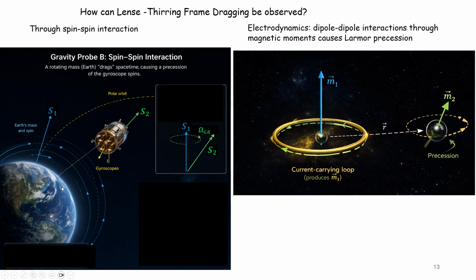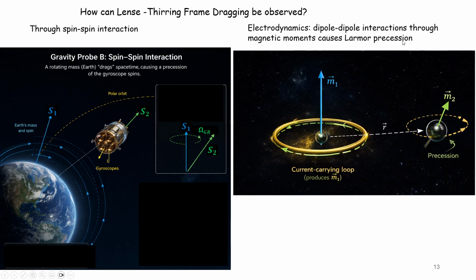So that is equivalent to the Earth, the spinning Earth. And then we have another magnetic moment, which could be a spinning particle, spinning electron, or a nucleus. And then we observe a precession of this magnetic moment around the direction of the fixed spin vector number 1.